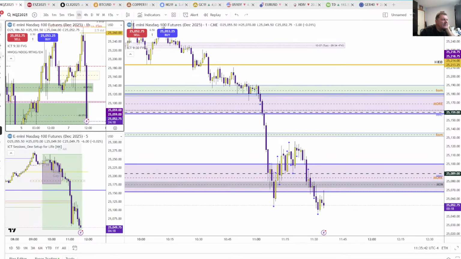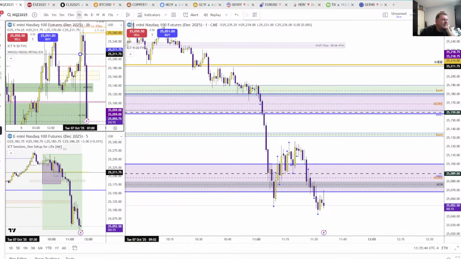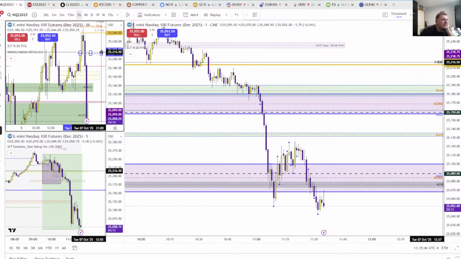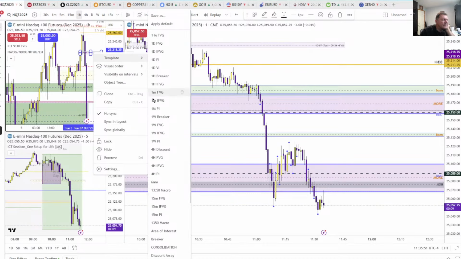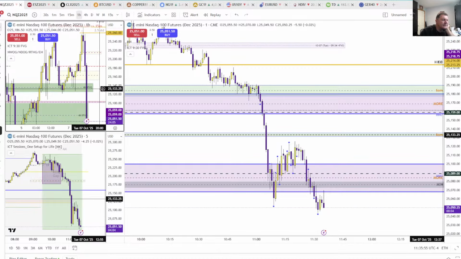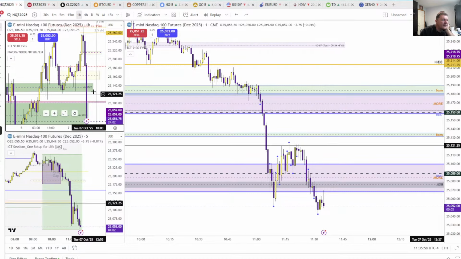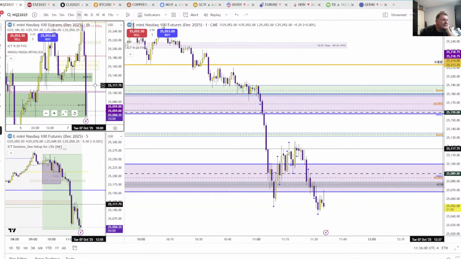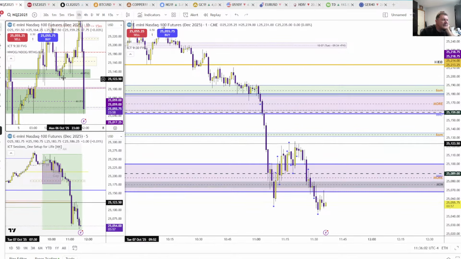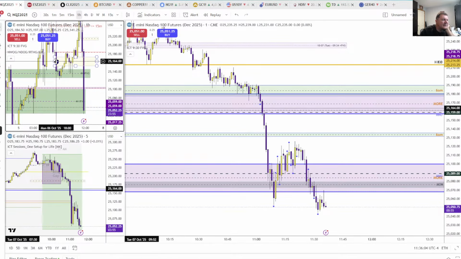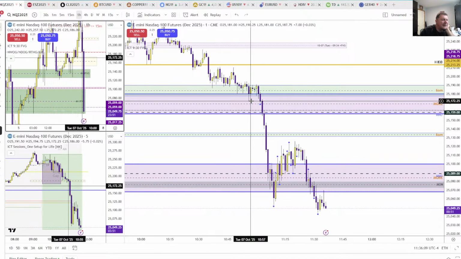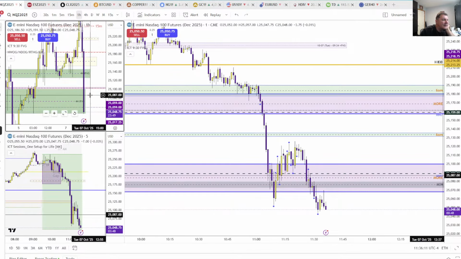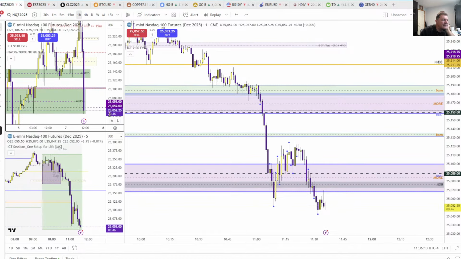This was never realized on the 1 hour. This one was never retested. This was never retested. So I've got 1, 2, 3 important levels. If that holds, and we start to run back up here, we clear this out here, we're looking for these areas to get retested.